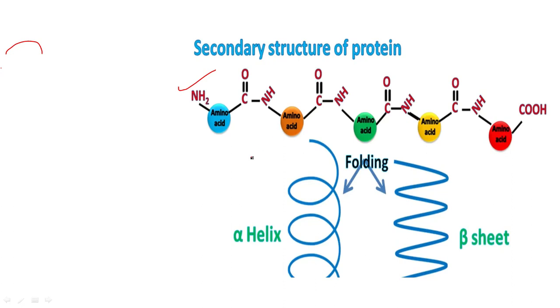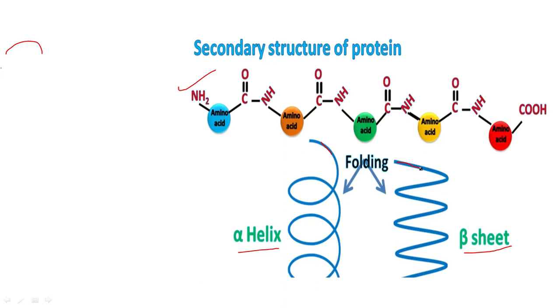For secondary structures, the primary structure proteins are arranged in two forms, either in alpha helix form or in beta sheet form. You can see these arranged into the alpha helix. This is the alpha helix structure, and this is the beta sheet structure.